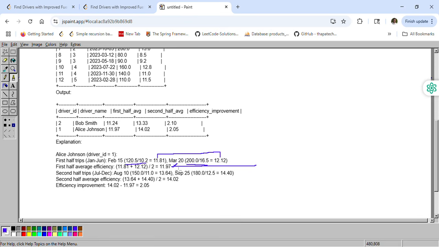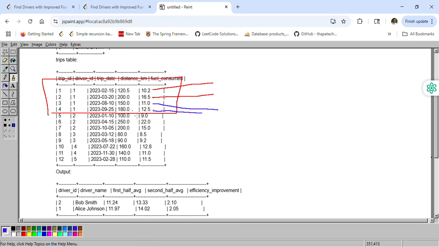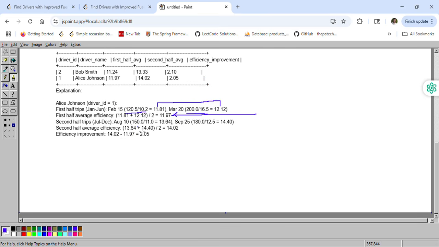Similarly, you have to do the second half. For the second half, you do 150 divided by 11, which is 13.64, and 180 divided by 12.5, which is 14.40. You take the average of both of them, and it's 14.02.